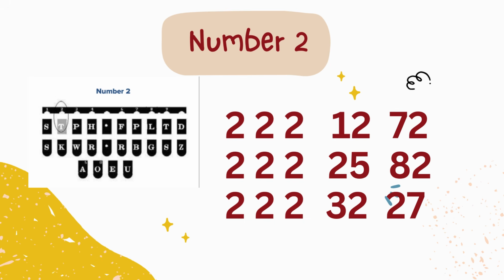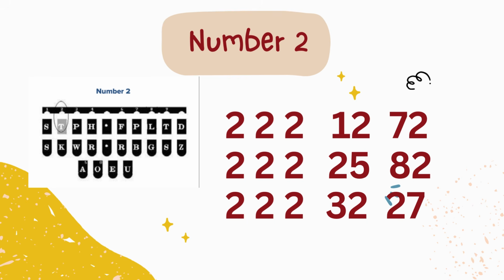But if the first digit is greater than the second digit, then we'll have two strokes. For 12, it's 1 and 2, so it's one stroke. We will use our left little finger and left ring finger to press number 12. But for 72, we'll have first 7 using our right hand middle finger, and then 2 with the left hand ring finger.